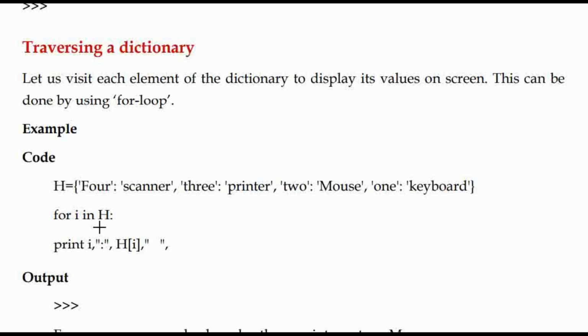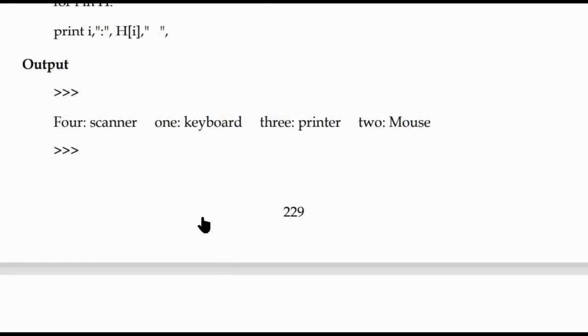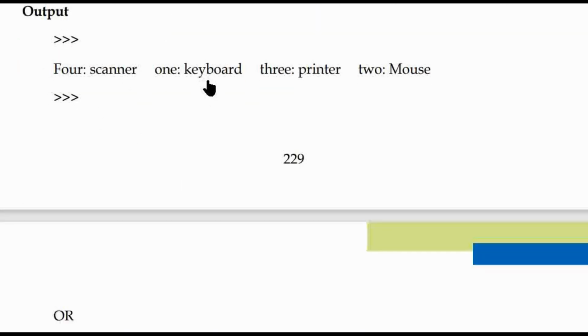For I in H, print I, semicolon, H[I]. So what is the output? 4 scanner, 1 keyboard, 3 printer, 2 mouse.